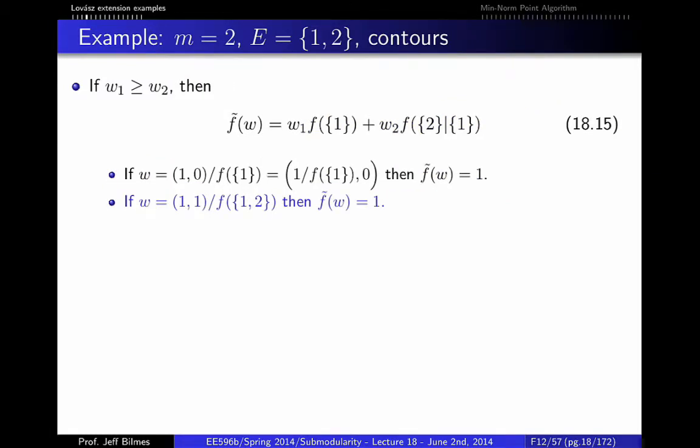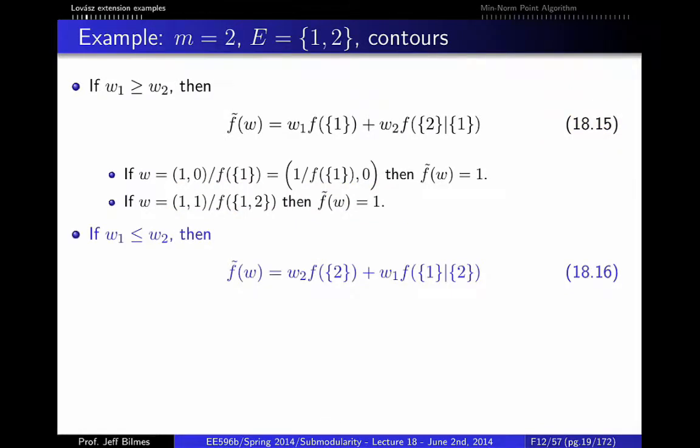And similarly, if we take the point 1, comma 1, and divide that by f of the ground set, which in this case is 1 and 2, we get another W, which also evaluates to 1. Okay? And you can just see that by plugging these into 18.15. If it's not immediately obvious, you just do it, and it's just a little bit of algebra.